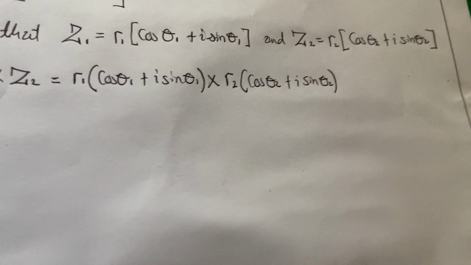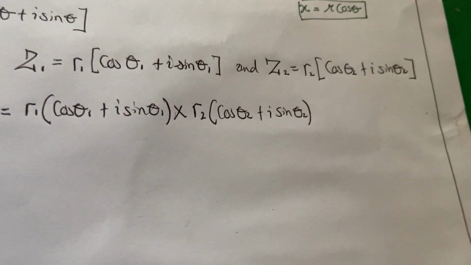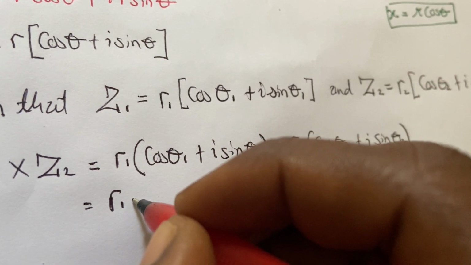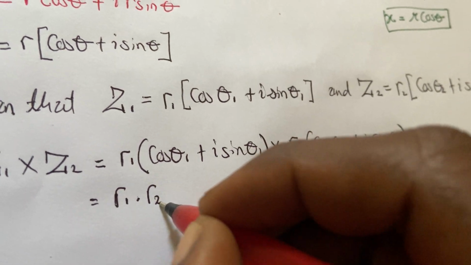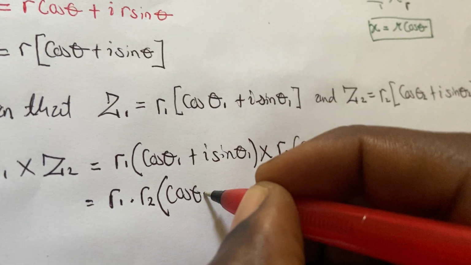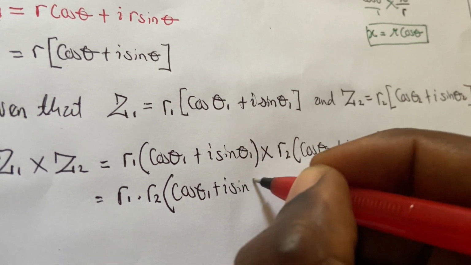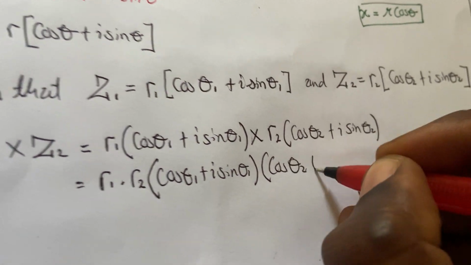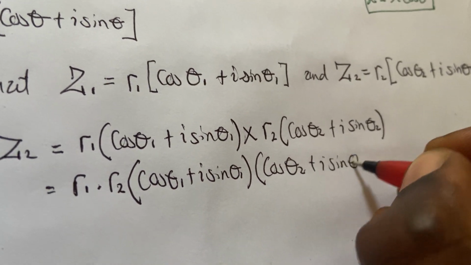Let's simplify this. I'm going to take out r1 and r2, so I'll have r1 r2 (cos theta 1 plus i sin theta 1)(cos theta 2 plus i sin theta 2).